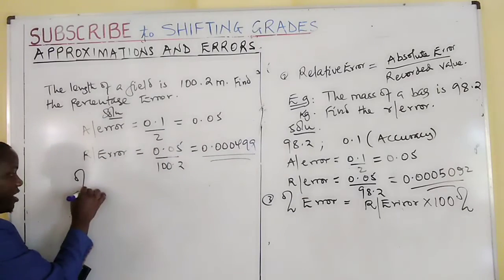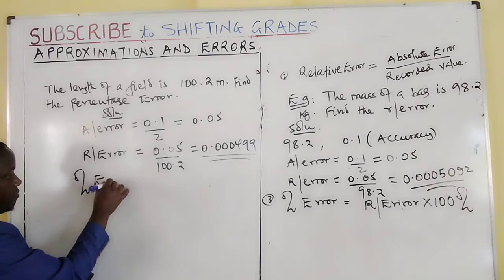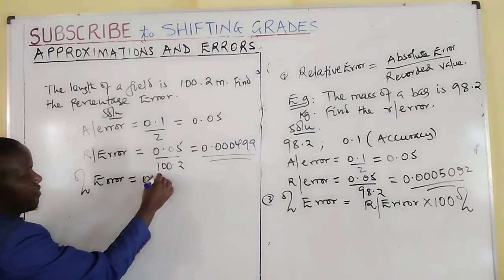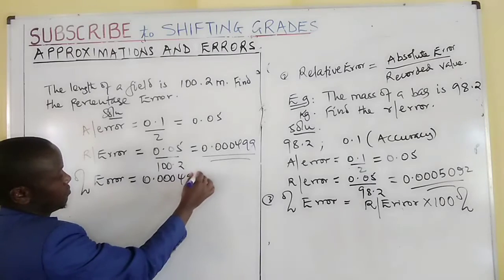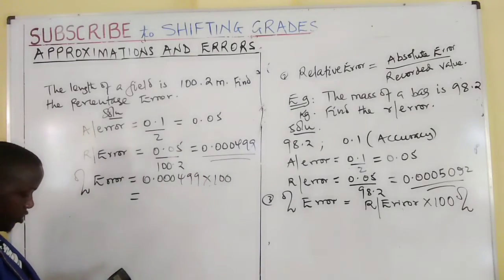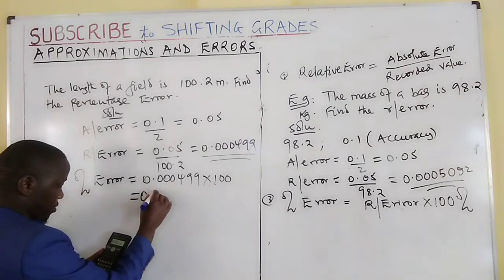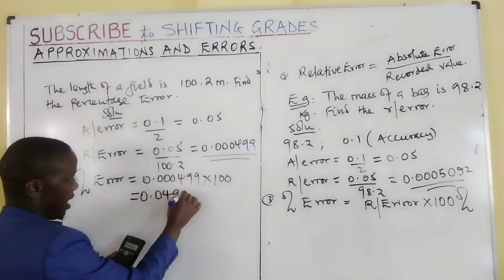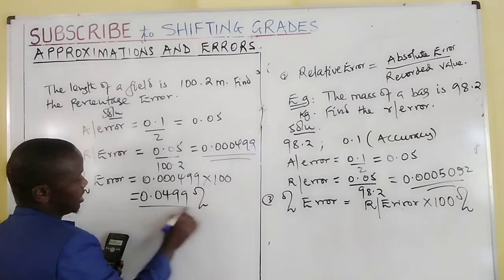Now, to get percentage error, we take the relative error and multiply with 100, and this will give us 0.0499. We record it as a percent.